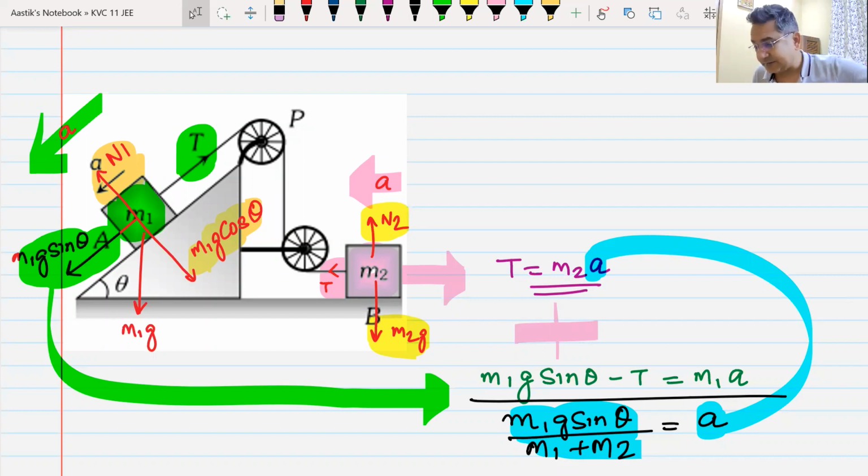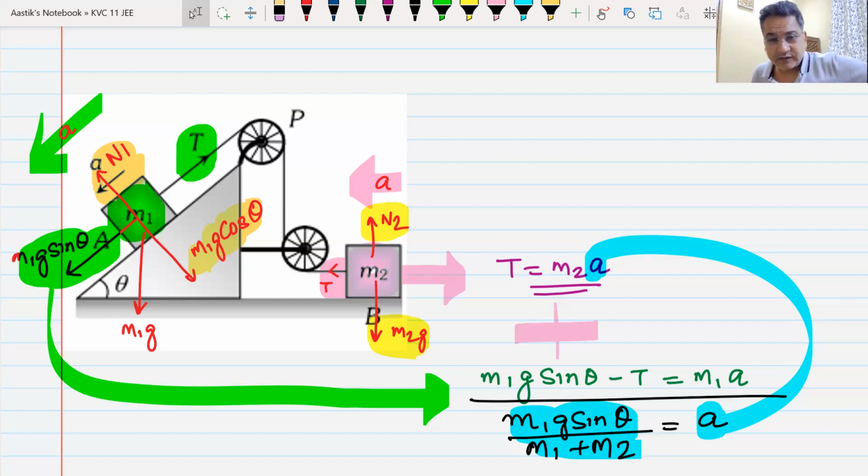Do we understand this? Yes or no? Now, apart from this plane constraint or wedge constraint, which M1 and M2 are subjected to, M1 is kept on an inclined plane, M2 is kept on a horizontal plane here. So they are subjected to plane and wedge constraint.